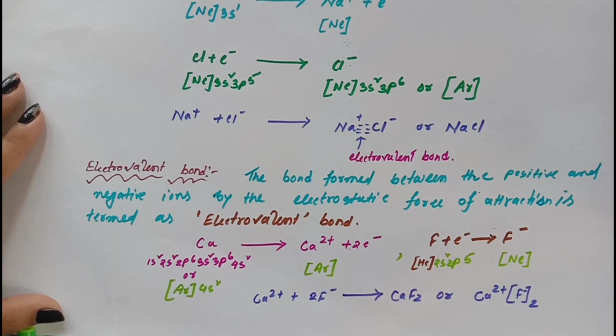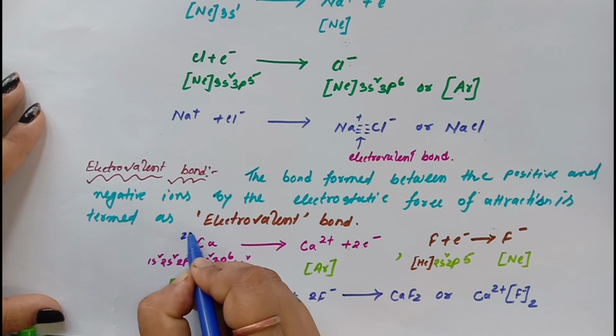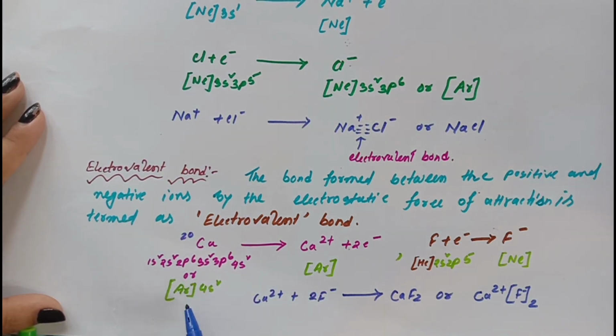See another example of formation of a chemical bond between calcium and fluoride ion. Calcium has the electronic configuration 1s2, 2s2, 2p6, 3s2, 3p6 and 4s2. So it has atomic number 20, or we can write it as argon 4s2. So it has 2 electrons in its valence shell, and to gain the nearest noble gas electronic configuration, it will be easier to remove these electrons and get the noble gas electronic configuration, that is argon.